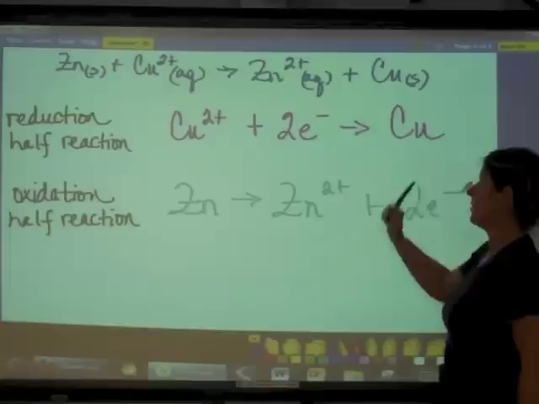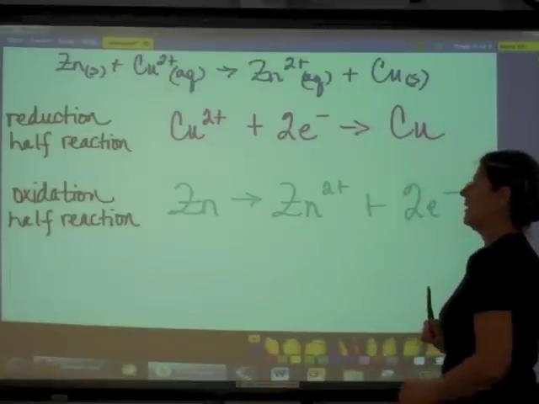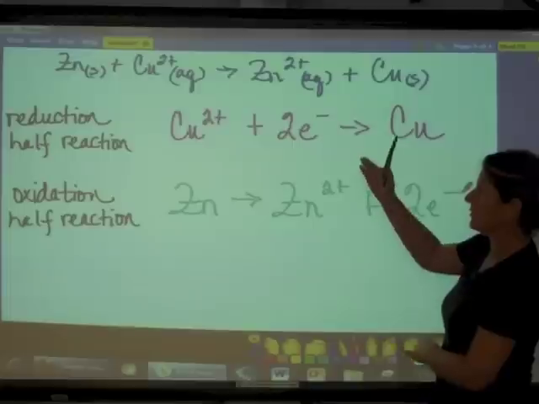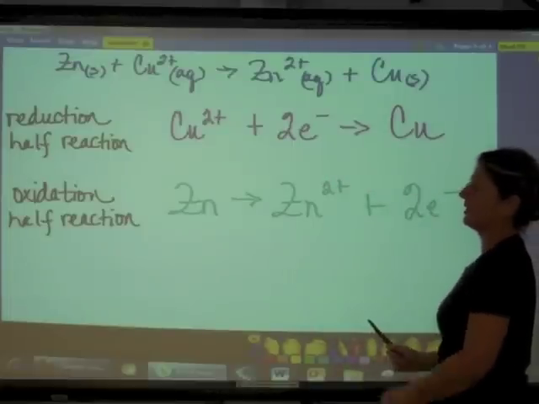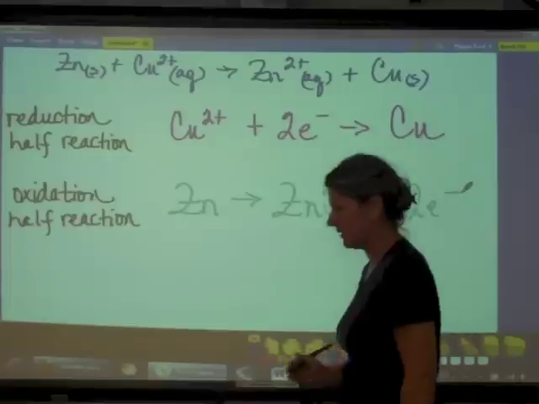So, a reduction half reaction and an oxidation half reaction. Where there's one, there's always the other. We can't have reduction going on without oxidation occurring simultaneously.